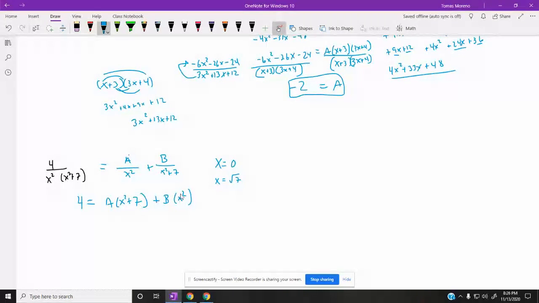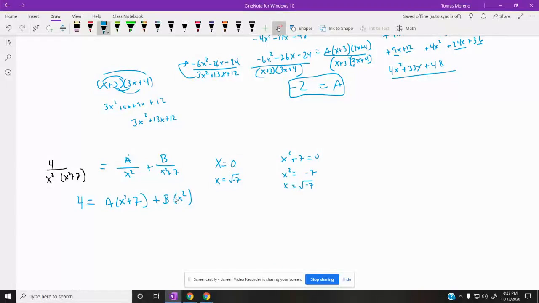I'm setting this equal to negative 7, so we move the 7 over and take the square root. We're going to have imaginary numbers, and that's totally fine.